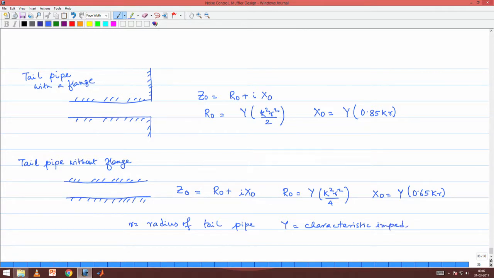So, it is actually given as c by S, where S is the cross sectional area of the tailpipe, which is pi r square, right.